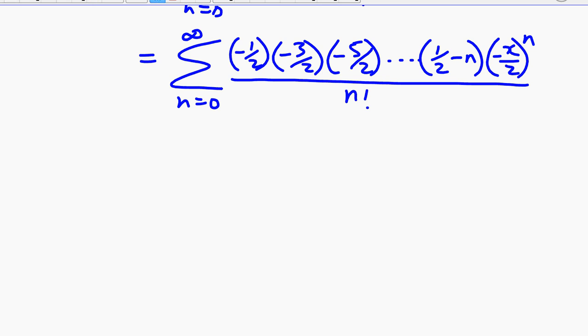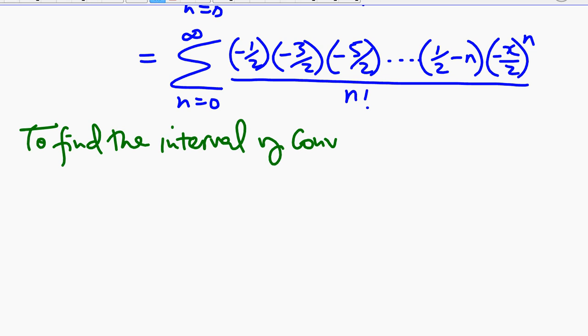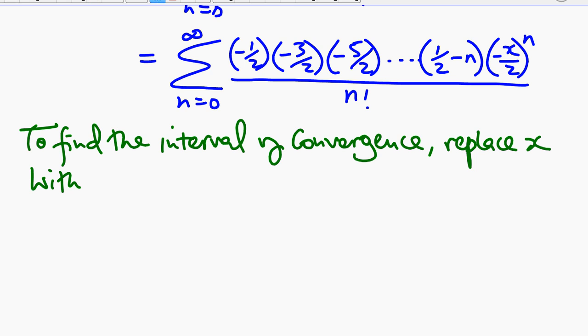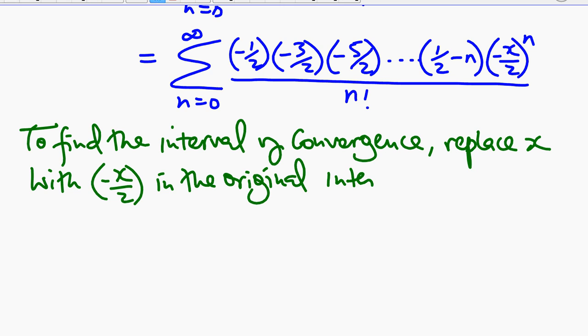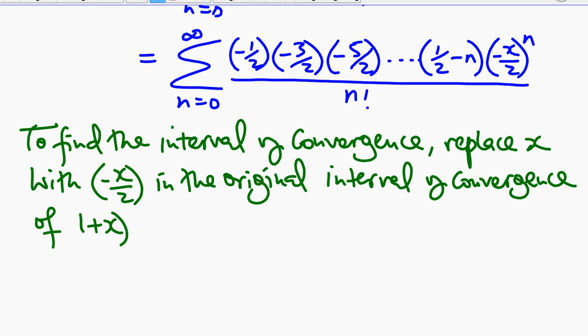Now, to find the interval of convergence, replace x with negative x over 2 in the original interval of convergence of 1 plus x to the power k.